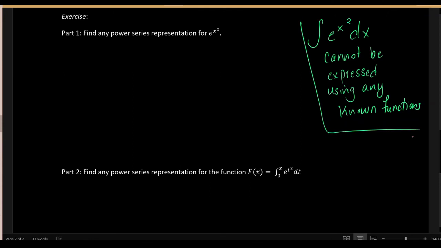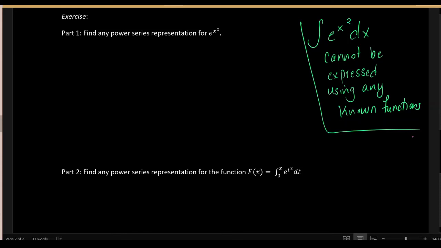The antiderivative of e to the x squared cannot be expressed as any combination of polynomial, rational, trigonometric, exponential, or logarithmic functions, or radical functions. However, we can use power series as a representation for the antiderivative of e to the x squared.